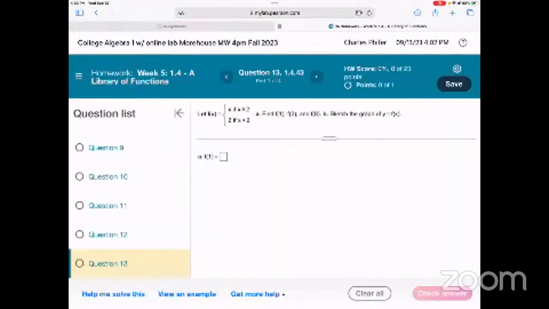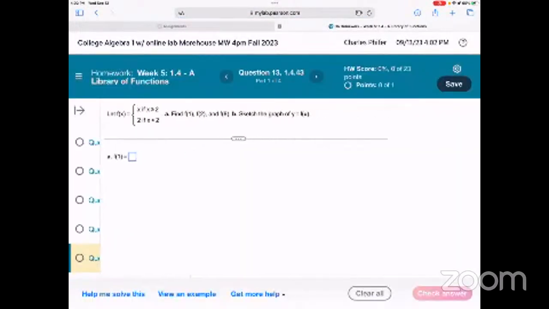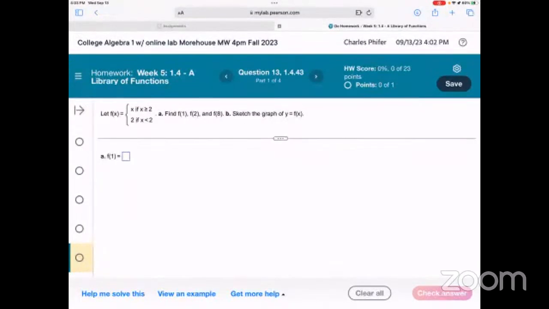Given this piecewise function, we're asked to find f of 1, f of 2, f of 8, and sketch the graph. For part A, when x is 1, because 1 is less than 2, we're going to use line 2. If we're using line 2, the answer is always 2 in this case.